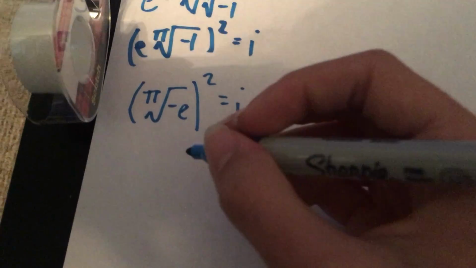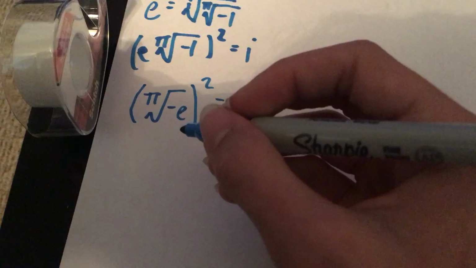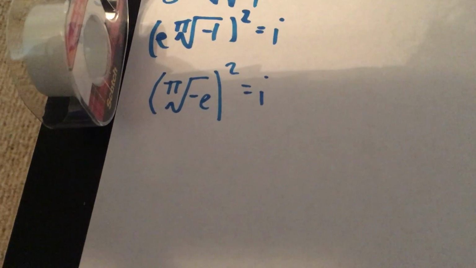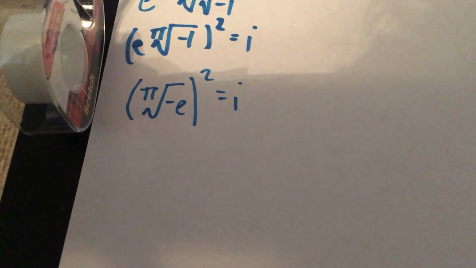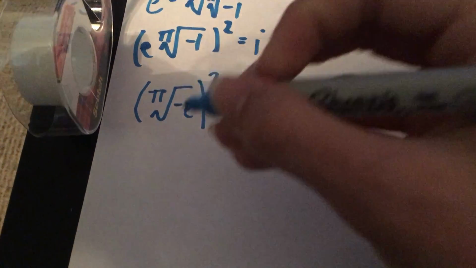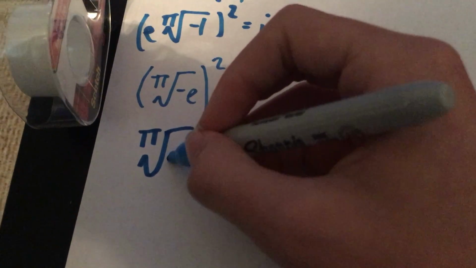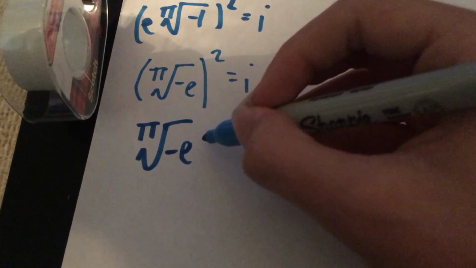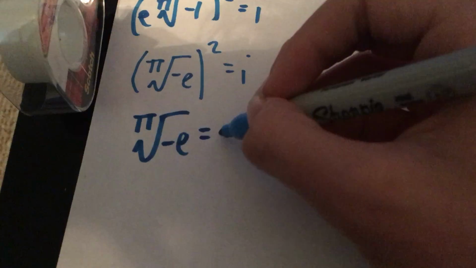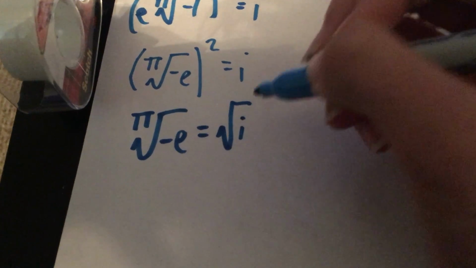Why would I do this? So we could also write that as the pi-th root of -e equals the square root of i.